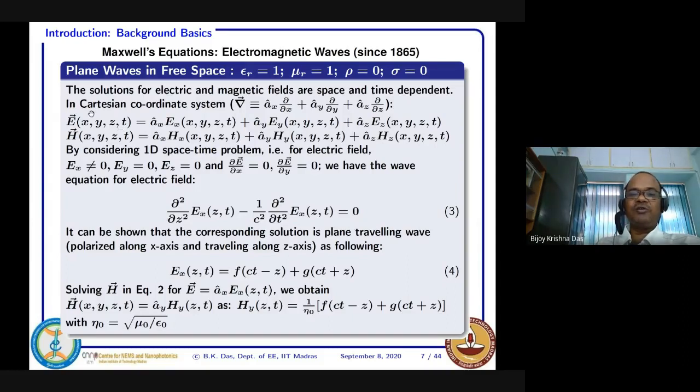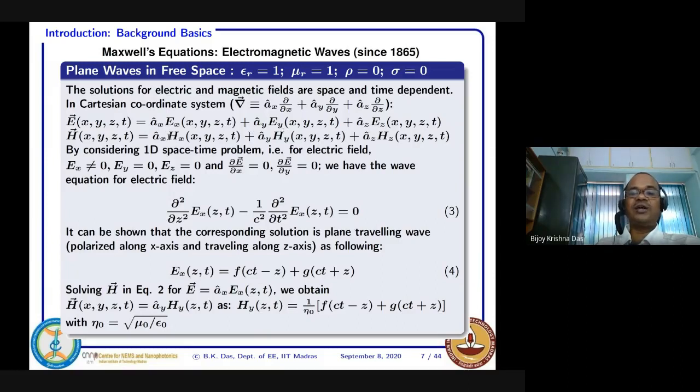So if you consider it as a vector at any point x, y, z and at any instant of time t, at that particular point and instant, you can decompose the electric field into 3 orthogonal components: Ex along the x direction, Ey, Ez.